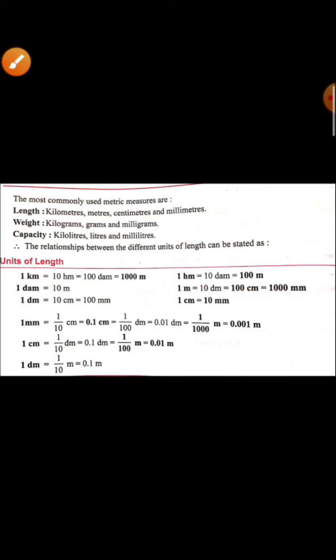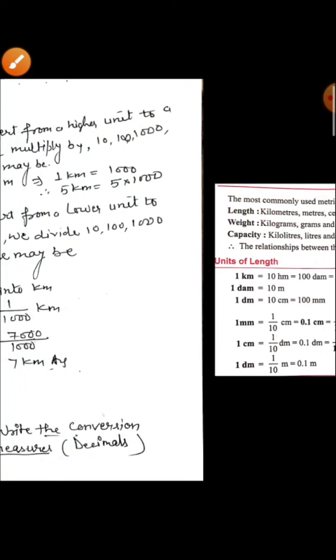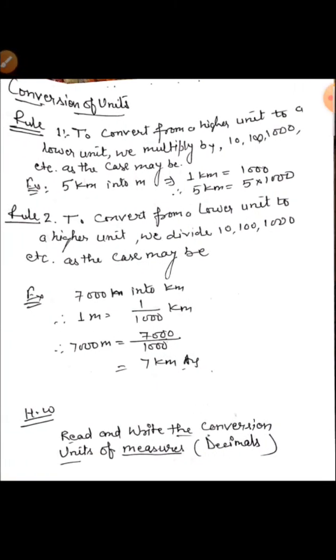This is very important. So here are two rules for converting any unit. First, to convert from a higher unit to a lower unit, we multiply by 10, 100, 1000, etc., as the case may be.